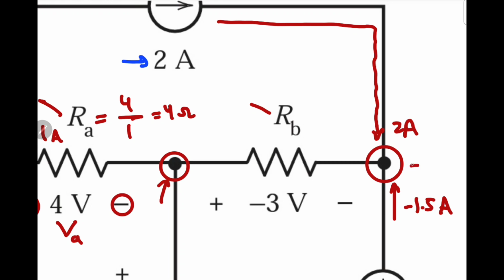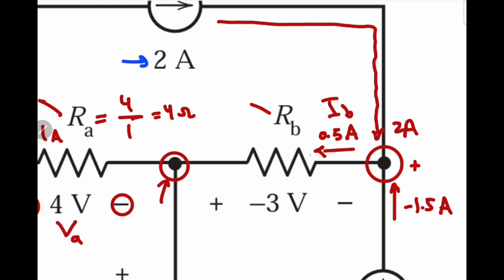So if you add them together, 2 plus minus 1.5 is 2 minus 1.5, which is 0.5 ampere, and this is IB.